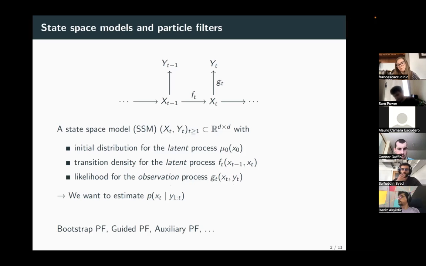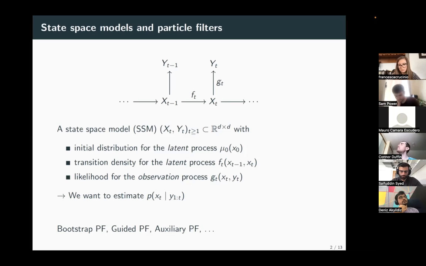And there are a lot of quantities that we might want to estimate given a state space model. What I'm interested in is the filtering distribution, which is the distribution of the last state given all the observations. The reason why we start with filtering is because once you have a good algorithm to perform filtering, you can do smoothing, which means you can approximate the distribution of the x's from time 1 to t, given all the observations.